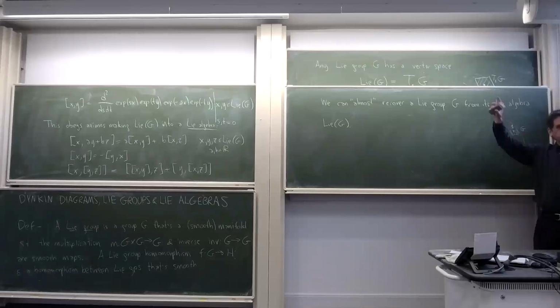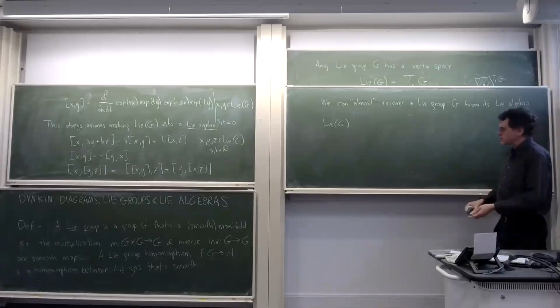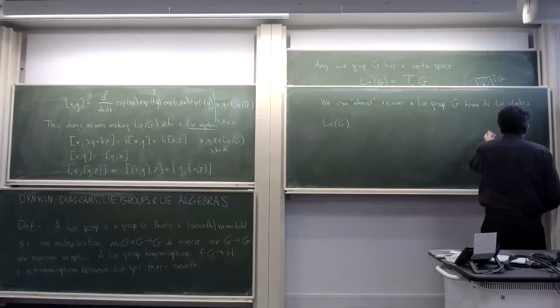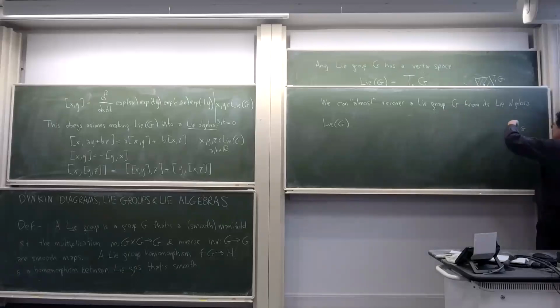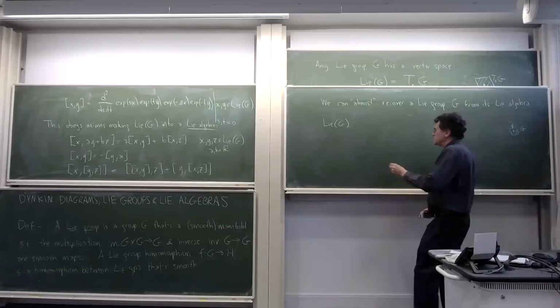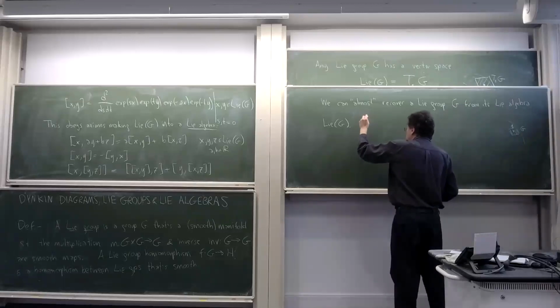So if your group had several connected components, for example, if your manifold G had several connected components, the Lie algebra couldn't possibly know what's going on in those other connected components. So that's one problem.